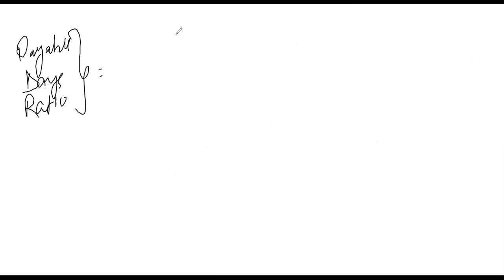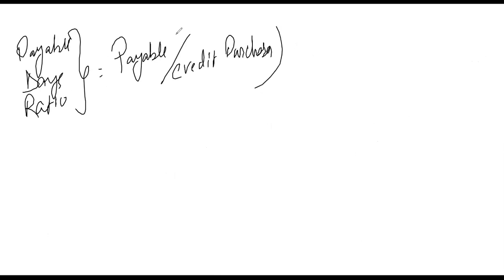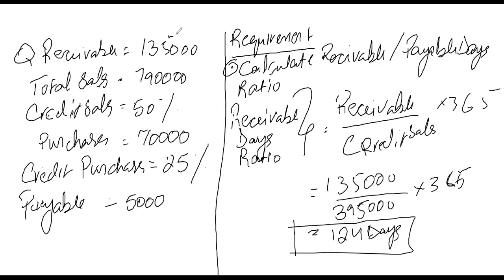Now let me calculate the payable days ratio. The payable days ratio is the payables divided by credit purchases multiplied by 365. My payables are 5,000.